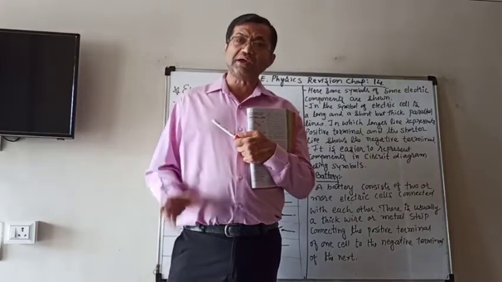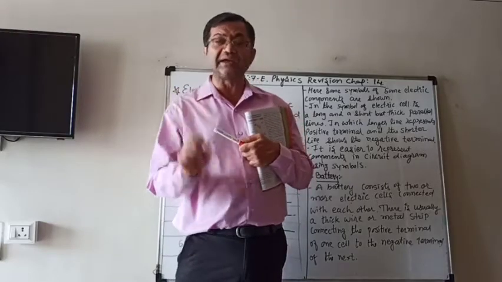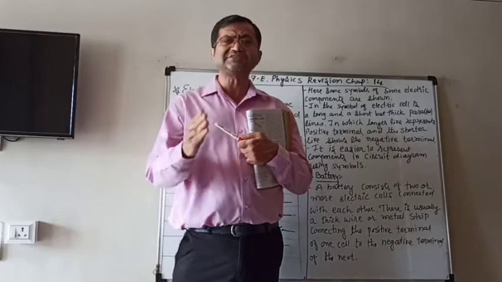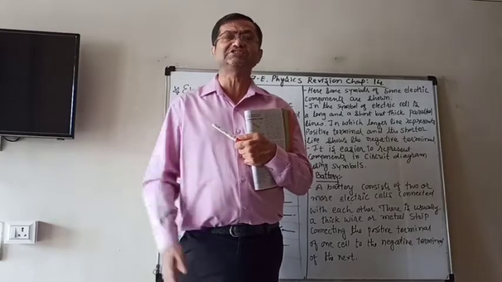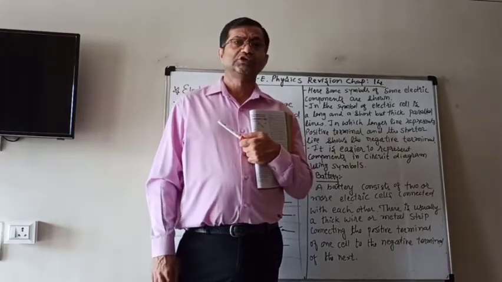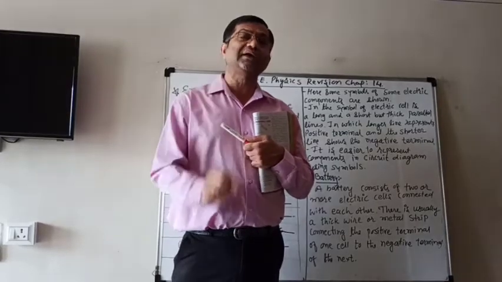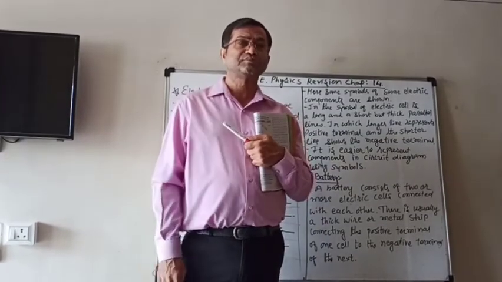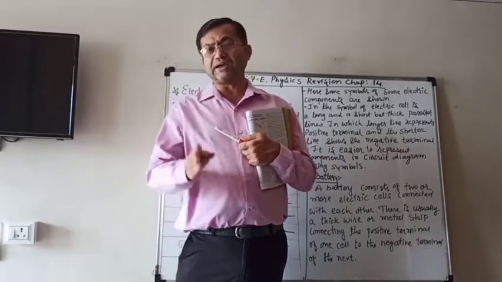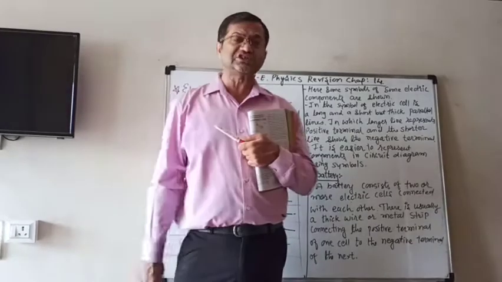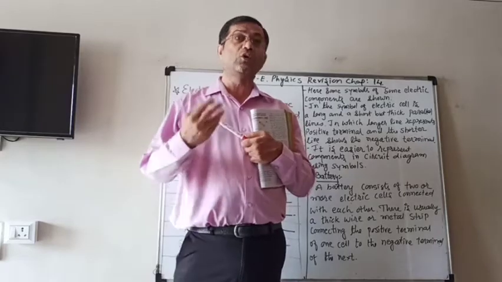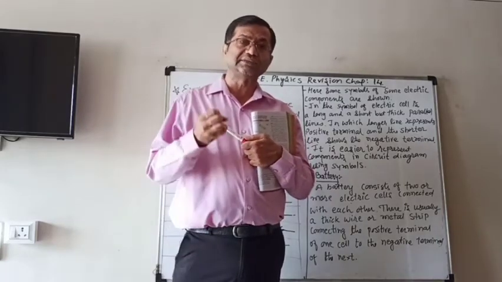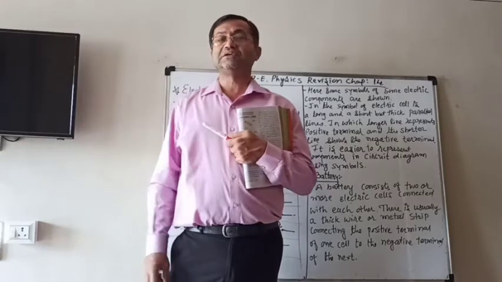So actually in that there is some arrangement given so that each cell is connected with each other through a metallic wire, thick wire or metal strip, so that they can make the complete circuit and give more power which is needed to run that electric device.